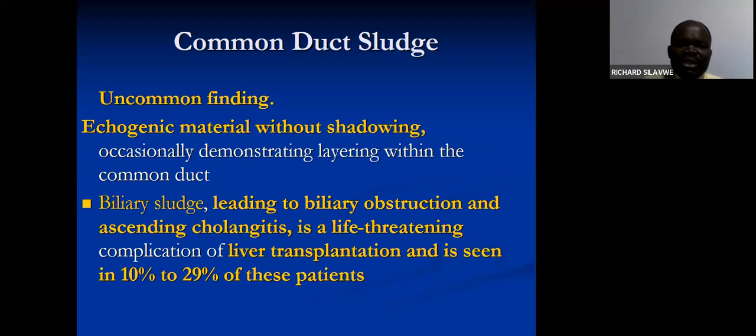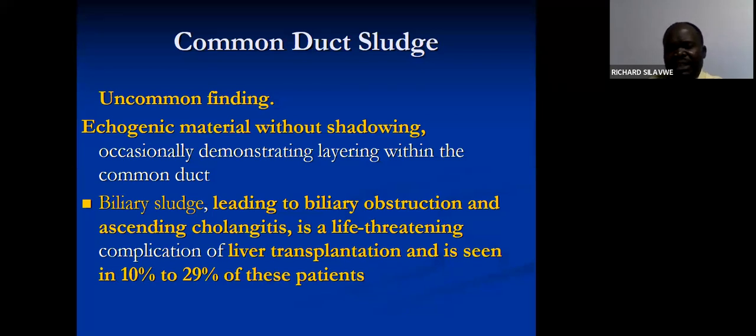Then we also have the common bile duct sludge, just the way we find the sludge in the gallbladder. We can also find sludge in the common bile duct. So it is an uncommon finding, but you can occasionally find it by demonstrating layering within the common bile duct.